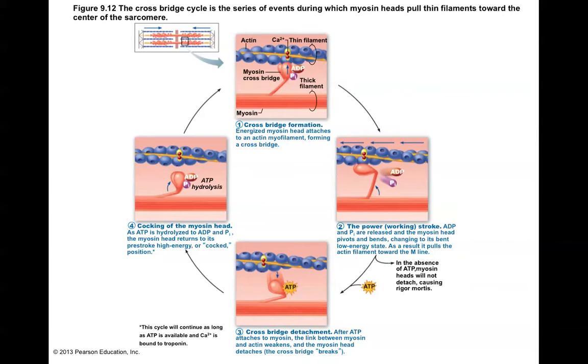glycosomes, and you have plenty of mitochondria, and you have the myoglobin, so you have the organelles to make lots of ATP, and you have a ready supply of glucose and a ready supply of oxygen, and so you can keep on doing this for quite a long time as long as the calcium is present.